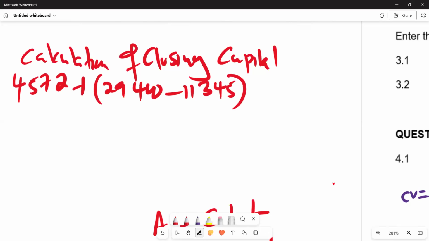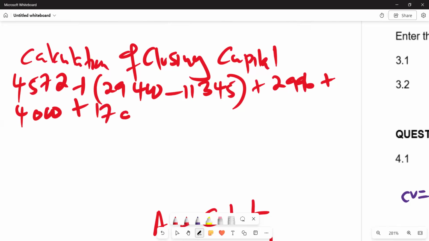And then the figure that we are going to get, we add 2,996, and then we add 4,000, and then we add 17,040, and then we add 64,080, and then we add 1,500.